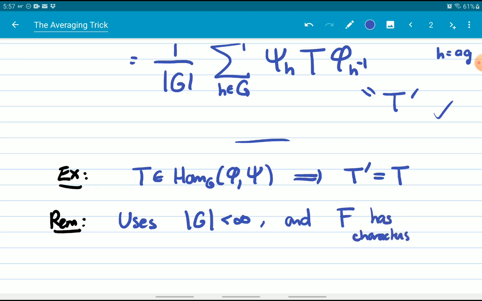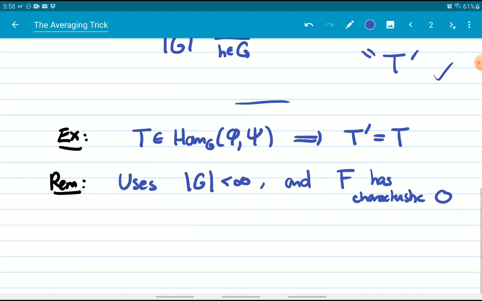So, as we've seen, there are fields where when you add up 1 with itself many times, that's never equal to 0, no matter how many times you add it up. And the reason I need that is because I need in particular the order of the group, which I can write as 1 plus 1 plus 1, etc., to be invertible in my field. It has to be non-zero.